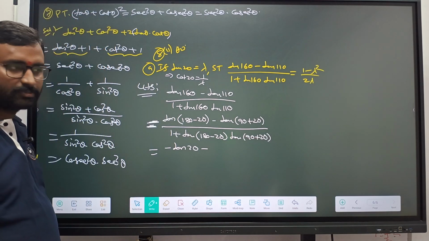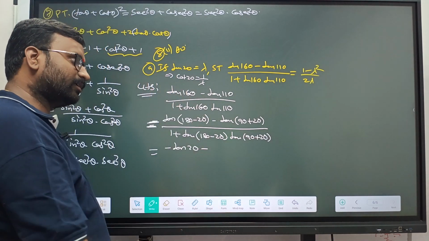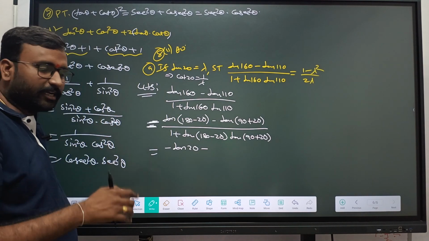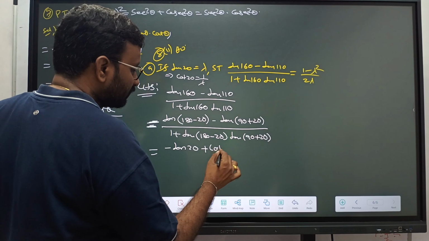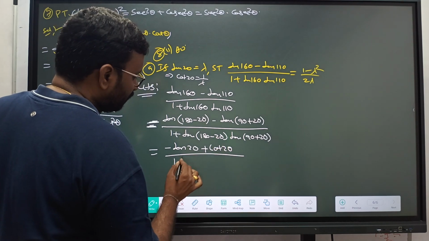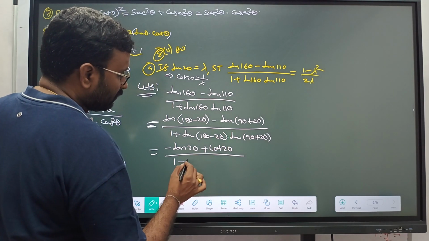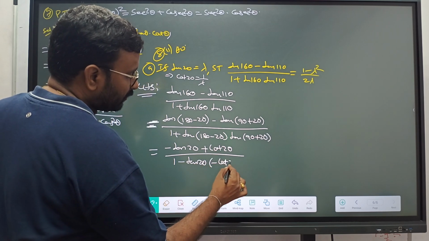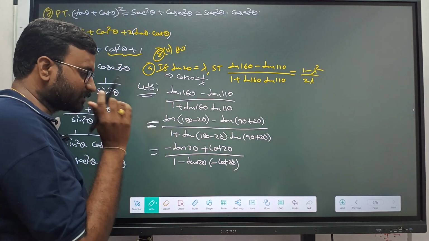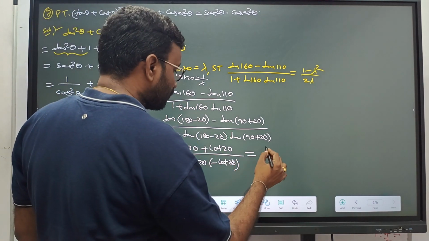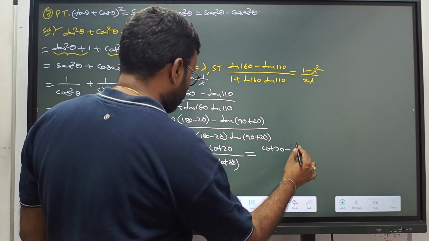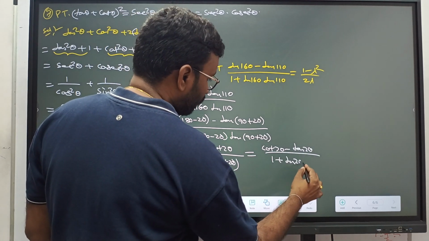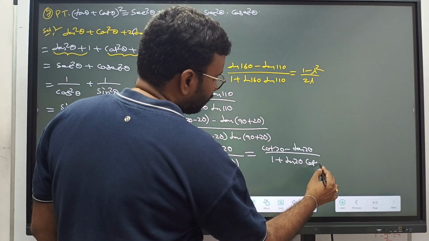Again, 160 is second quadrant, and 110 is second quadrant. 90 means cot, and in the second quadrant it is negative, so it is minus cot 20. So numerator, minus tan 20 minus of minus cot 20, is cot 20 minus tan 20, over 1 plus tan 20 into cot 20.